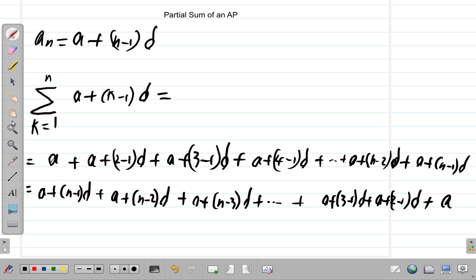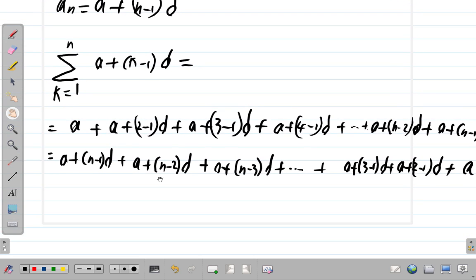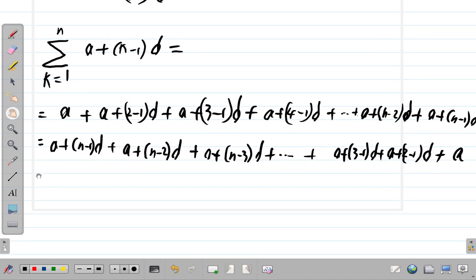Alright, so let's put these things together now. Let's add them up. What we're going to do is look at these two and add them.